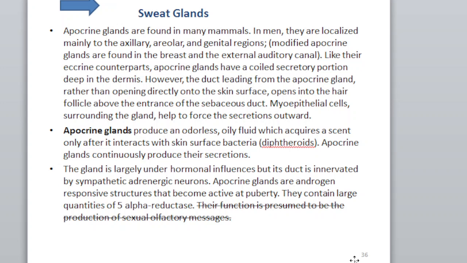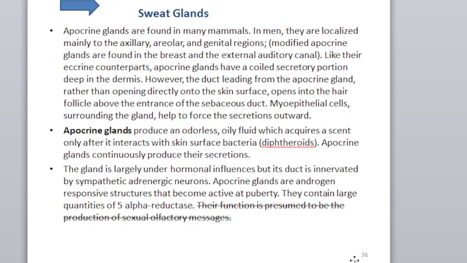However, the duct leading from the apocrine gland, rather than opening directly onto the skin surface, opens into the hair follicle above the entrance of the sebaceous duct. Myoepithelial cells surrounding the gland help to force the secretions outward.